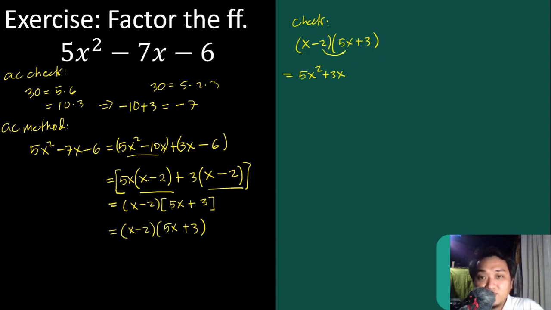Negative 2 times 5x is negative 10x, and negative 2 times positive 3 is negative 6. Now let us evaluate those like terms. We have 3x and negative 10x, so that is 5x squared minus 7x minus 6, and we are correct.